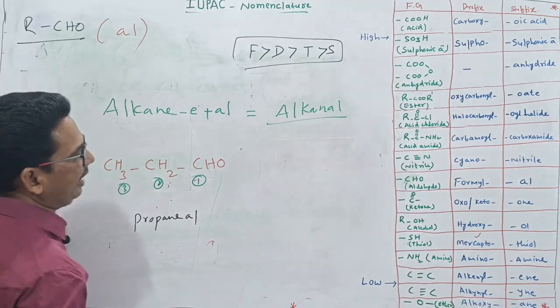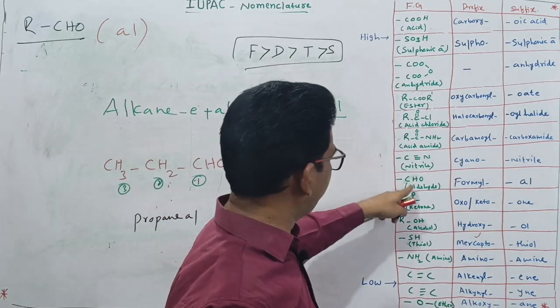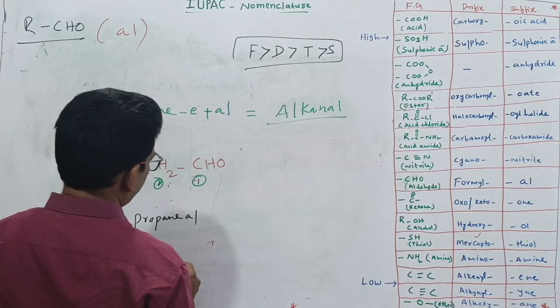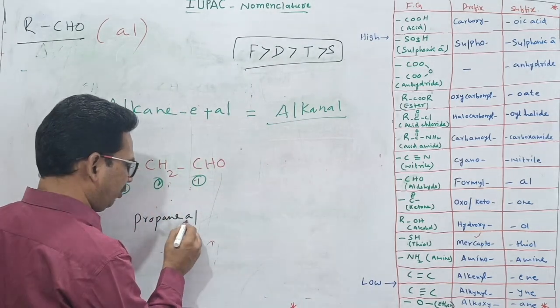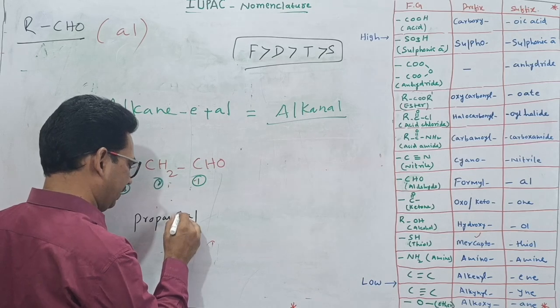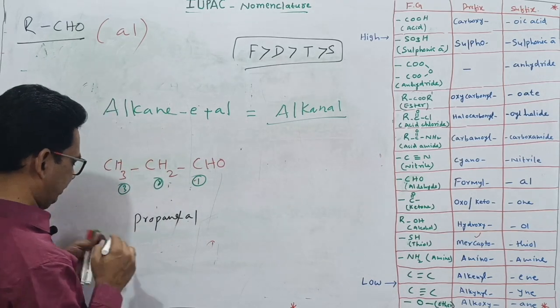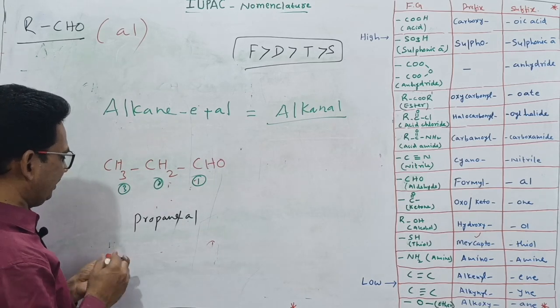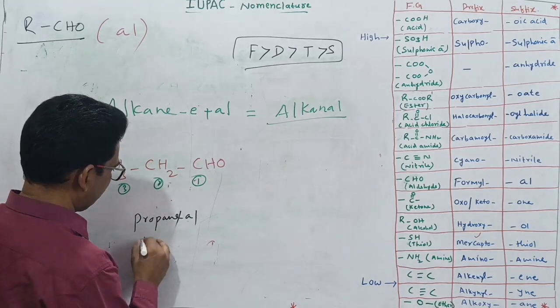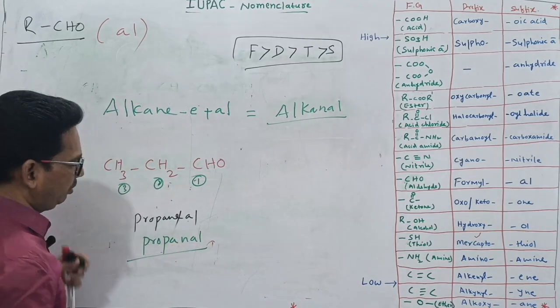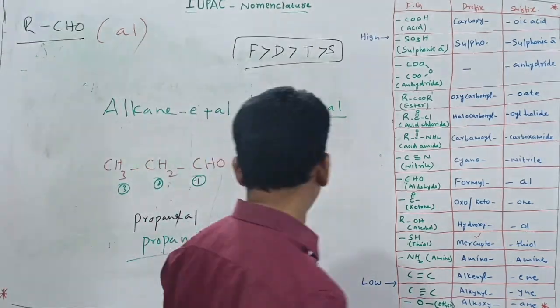Al for the aldehyde. See, where is the aldehyde? Here. Suffix is al. Then E and A come together, both vowels. The first vowel we have to omit. Then what is the name will come? Propanal.